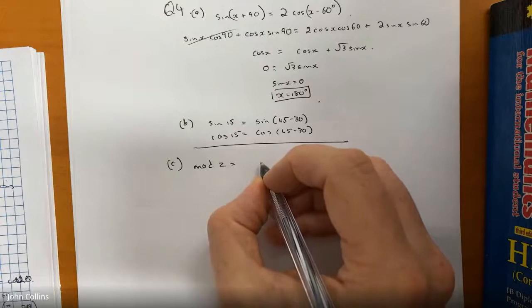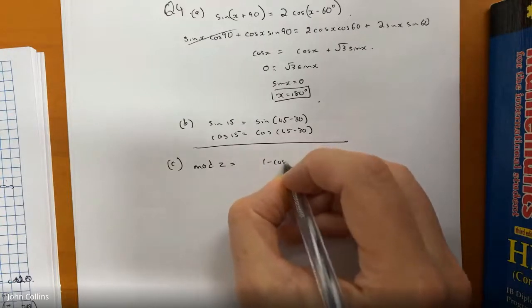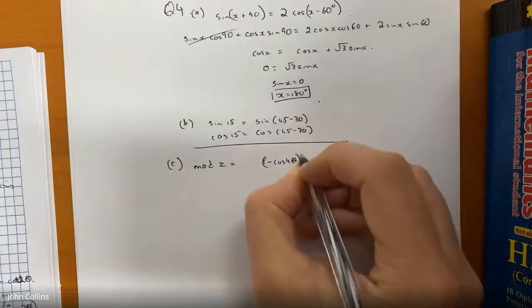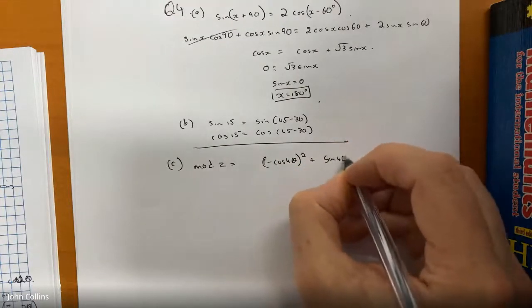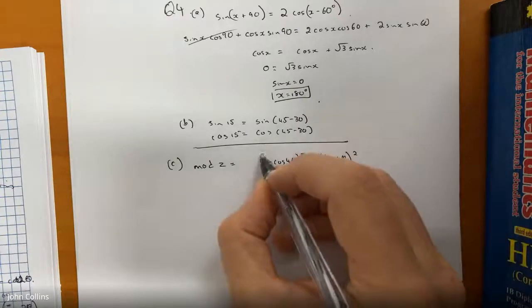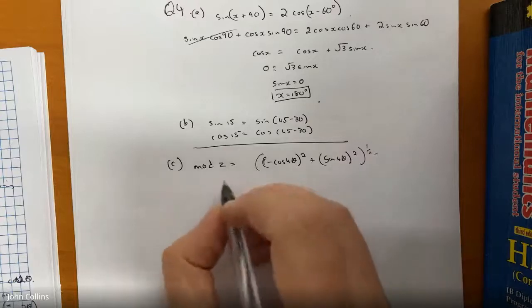So 1 minus cos 4 theta, this is given in the question, squared, plus sine 4 theta squared, and square root all that. I'll just put it to the half because it's easier to draw.